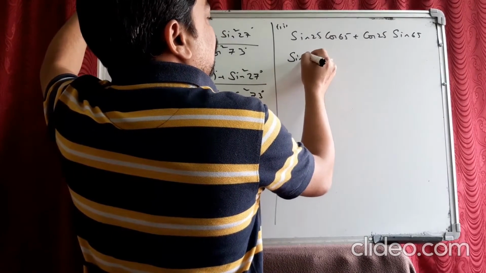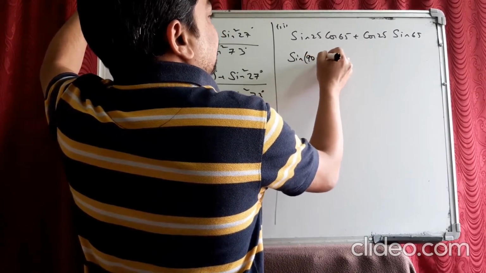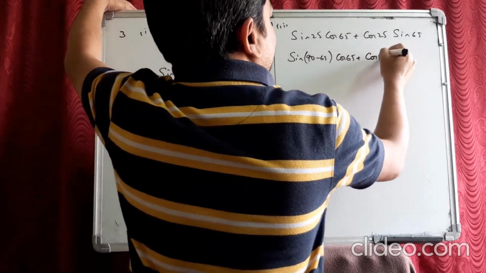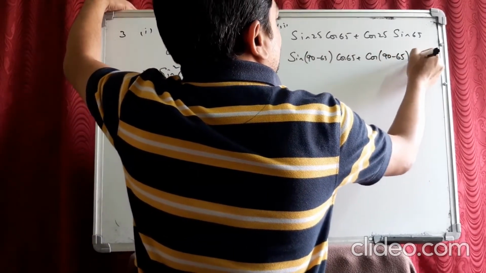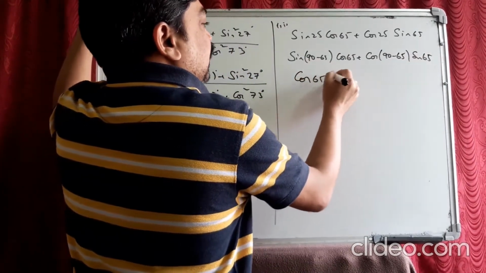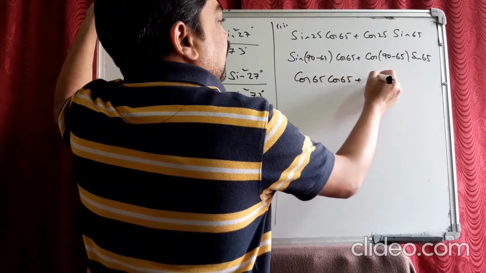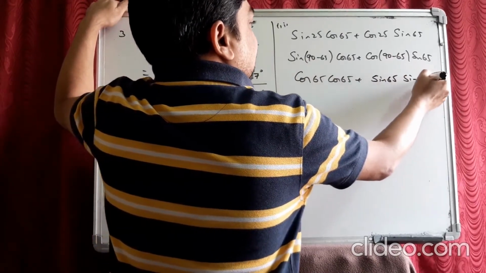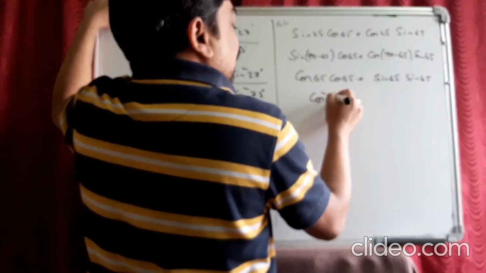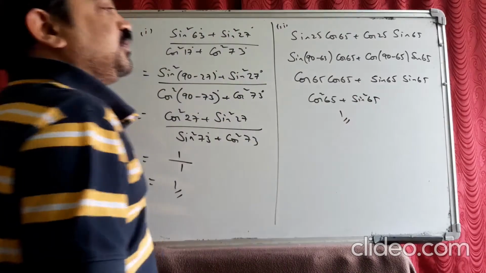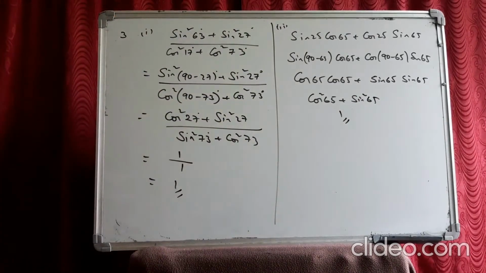So it becomes sin of 90 minus 65, which is cos 65. Don't change 65. Cos of 90 minus 65: when you apply 90, cos becomes sin, so sin 65. The whole thing becomes cos square 65 plus sin square 65, which is 1 according to the identity.